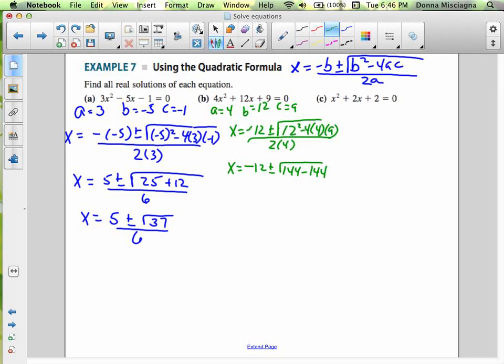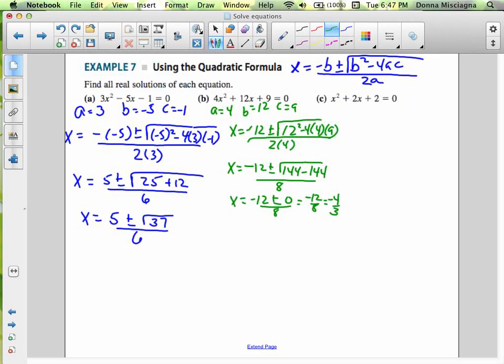Well, we could use quadratic formula with this one or factoring. So this is going to be x equals negative 12 plus or minus 0 divided by 8. That's going to be negative 12/8 or negative 4/3.